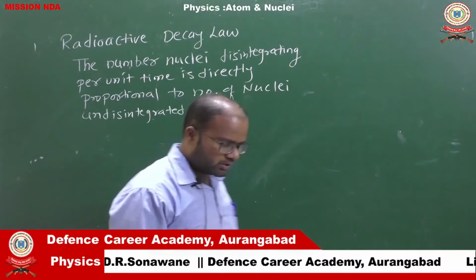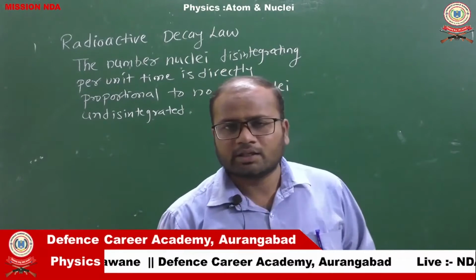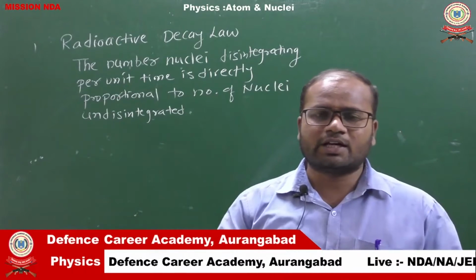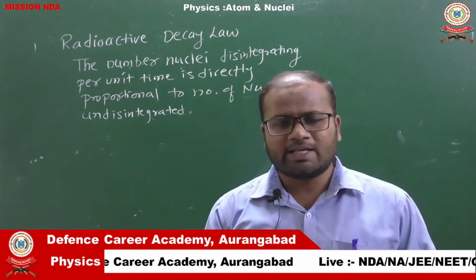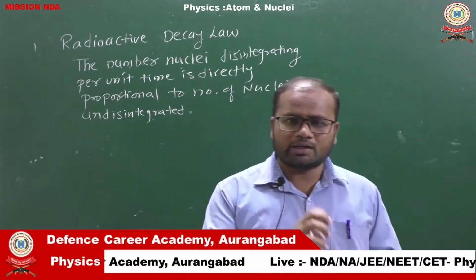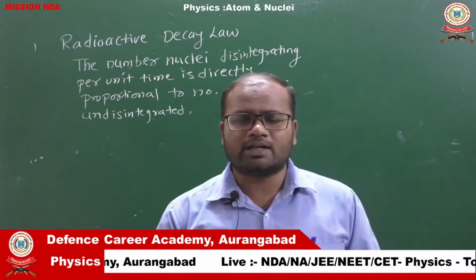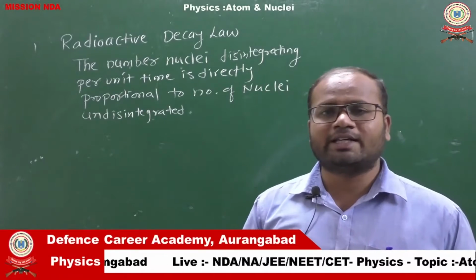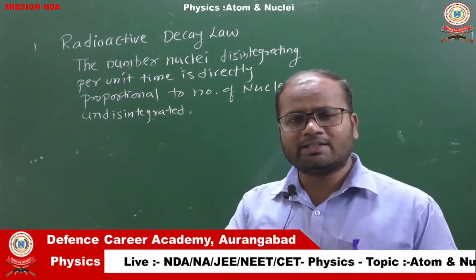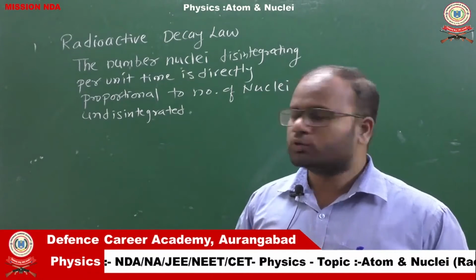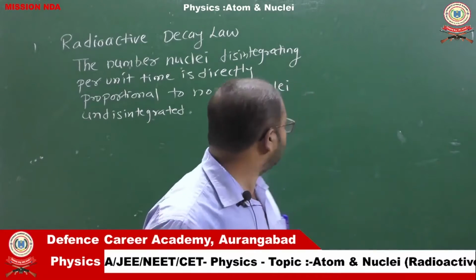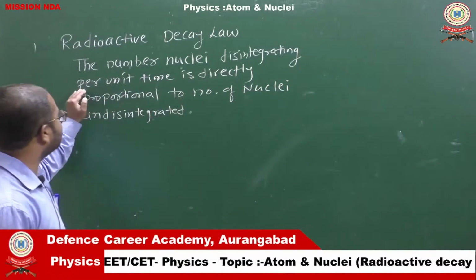Disintegration means what? The number of nuclei disintegrated means they are destroying or decaying. As there is an emission of radiation from the radioactive elements, their nuclei are decaying. They are decreasing with respect to time. So here is the statement: the number of nuclei disintegrating per unit time.